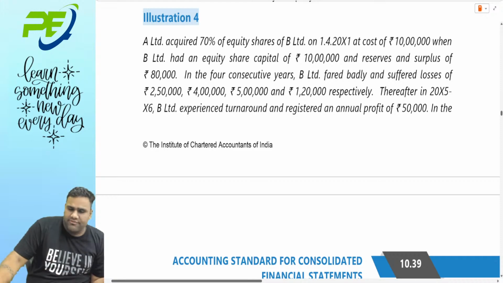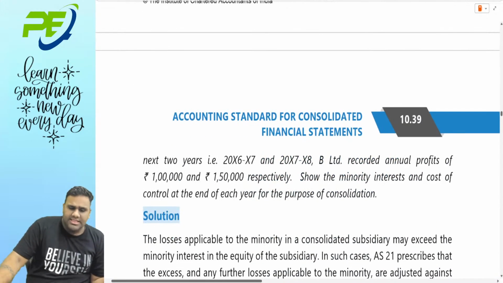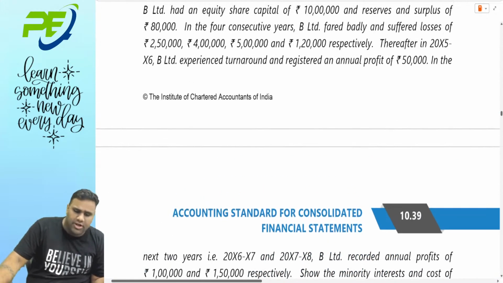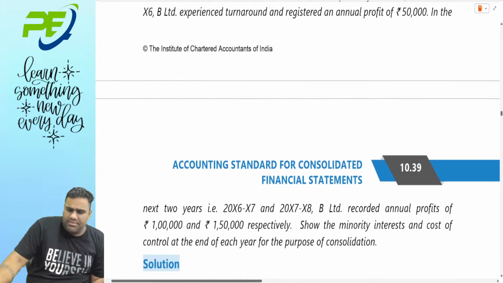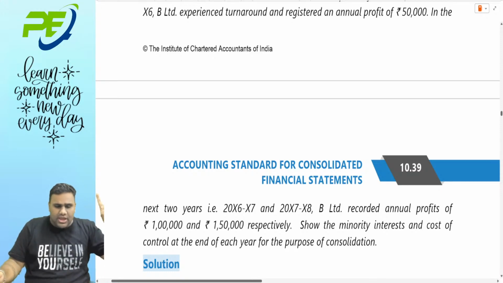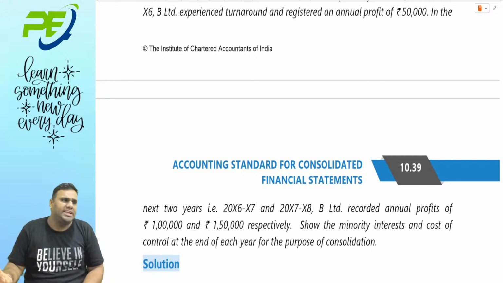Thereafter, in 2005 and 6, B Limited experienced turnaround and registered an annual profit of 50,000 in each year. In the next 2 years, B Limited recorded annual profits of 1 lakh and 1.5 lakh respectively. Show the minority interest and cost of control at the end of each year for the purpose of consolidation.